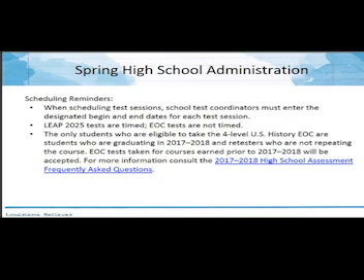This is a bunch of stuff, but it also highlights that the students who are eligible to take the 4-level U.S. History EOC are kids that are graduating this year, or they are retesters that are not repeating the course. Let's say it one more time. So there's a 4-level EOC. By 4-level, I mean 4 achievement levels for EOC, so it's an older test.